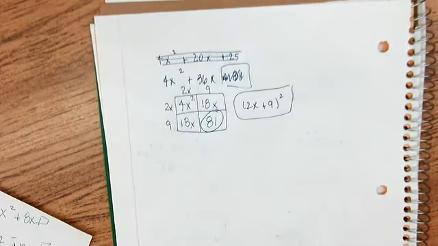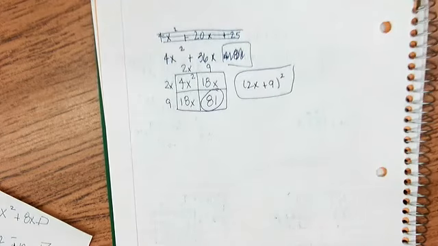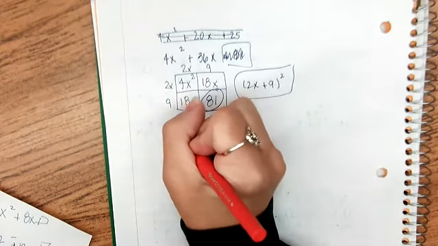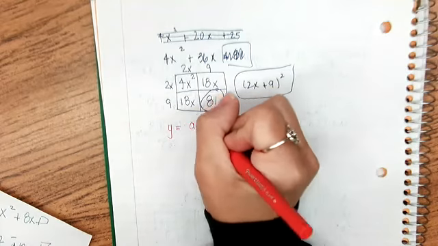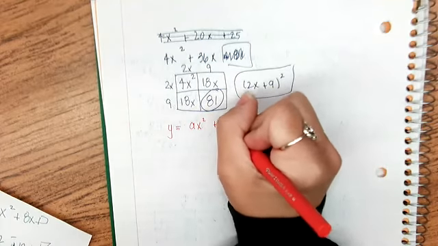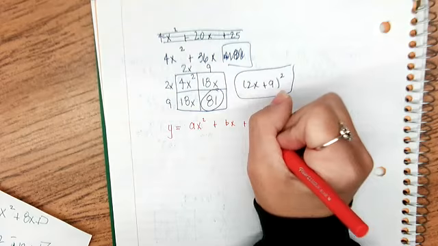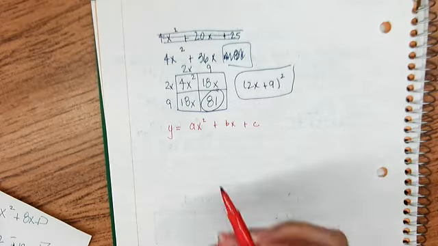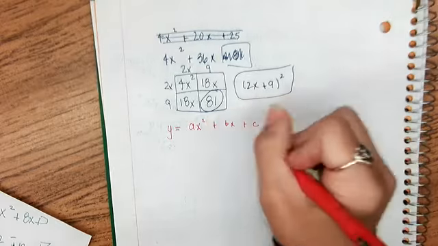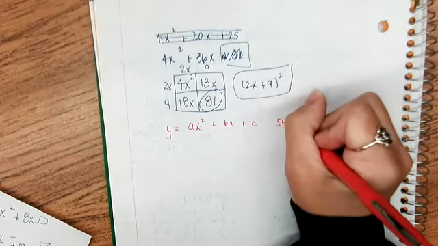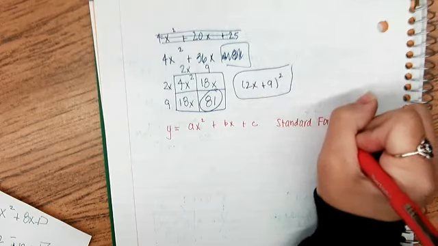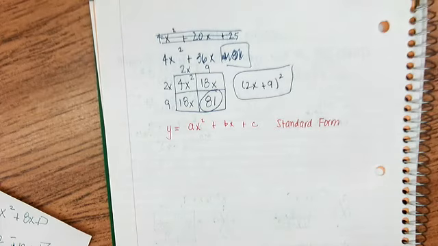Okay, very last thing. So that's our last example. I just want to do a notation. You remember from graphing parabolas or the quadratic formula, this is called standard form. Everything has a standard form. Standard form of a line, standard form of a quadratic, standard form of an ellipse.